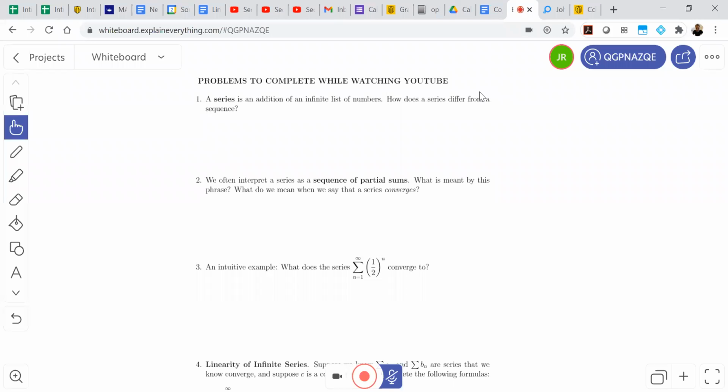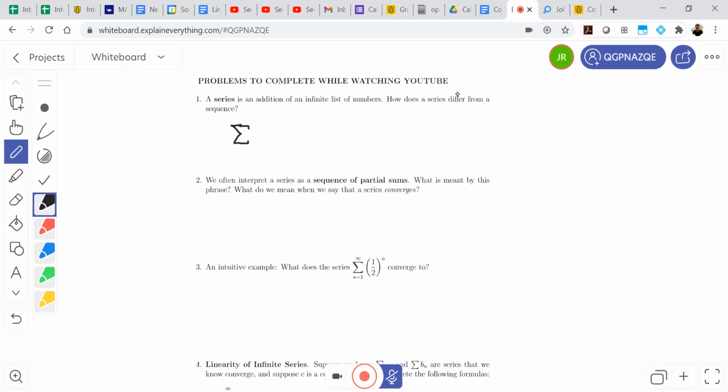So as we saw in our pre-class video, a series is similar to a sequence, but not exactly the same thing as a sequence. Specifically, a series is a way to imagine and to understand infinite addition, right? So this is the classic notation, just to remind you what that looked like.